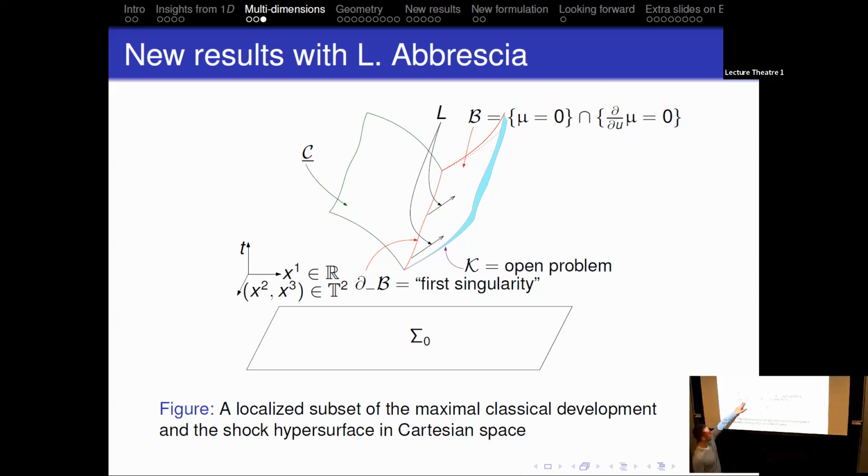We did, for convenience, choose to put the perturbations away from symmetry, in the x2 and x3 directions. We chose for convenience to let them live on the 2-torus, but we could have just as well done the case of R2. This is a hyperbolic problem. There's finite speed of propagation, so you can locally study it. T2 allows you to avoid some boundary terms in some energy identities, and it just simplified our life.